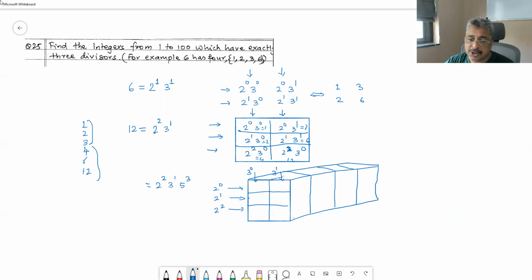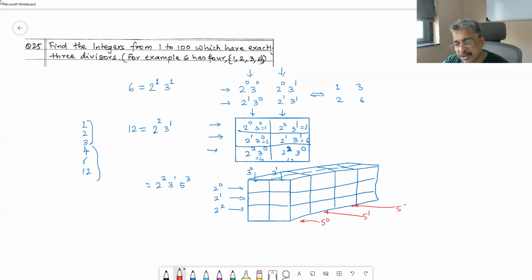Now this box will have the same partitions as the first face. The first slice is for 5 raised to 0, the second slice is for 5 raised to 1, the third slice is for 5 raised to 2, and the fourth slice is 5 raised to 3. It's like a bread with slices.